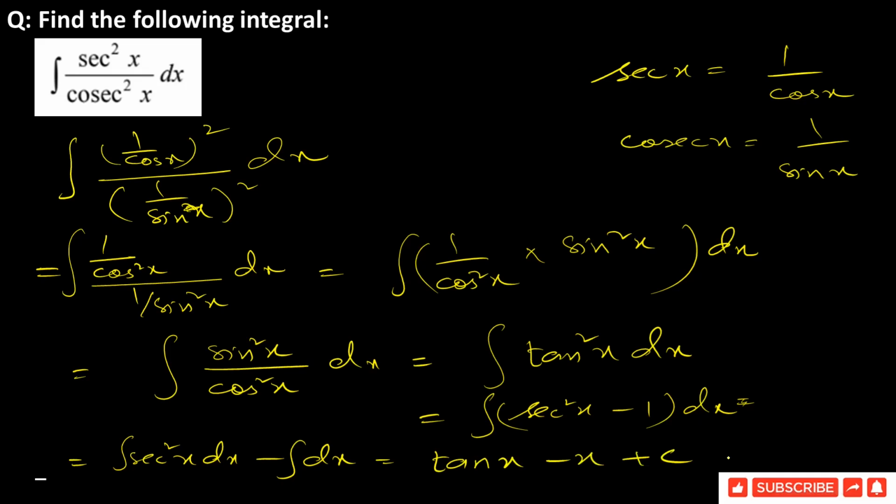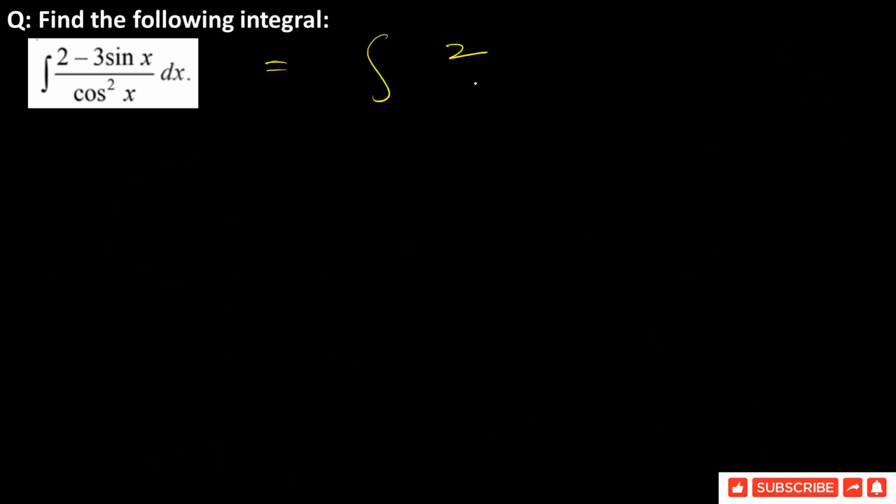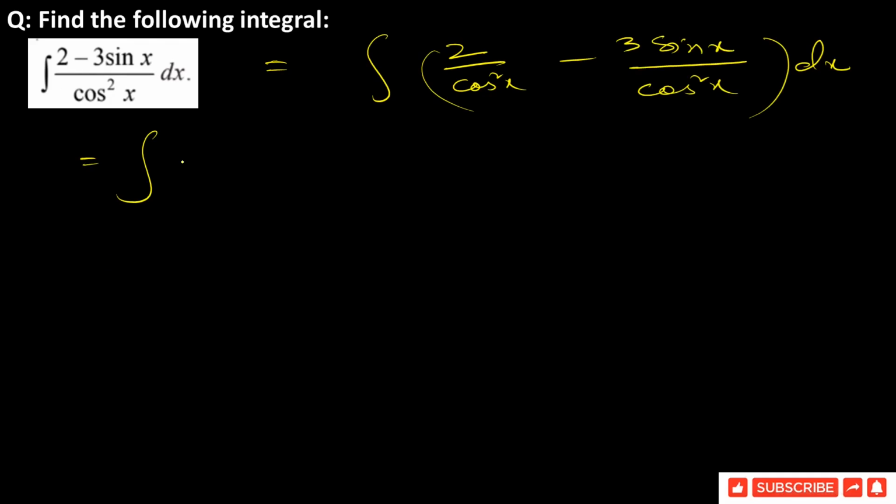Isn't it an easy one? 2 upon cos square x minus 3 sine x upon cos square x. This one becomes 2 secant square x minus 3 sine x upon cos x into 1 upon cos x.